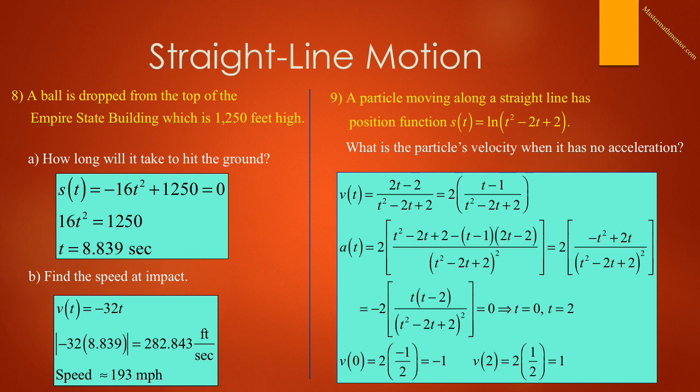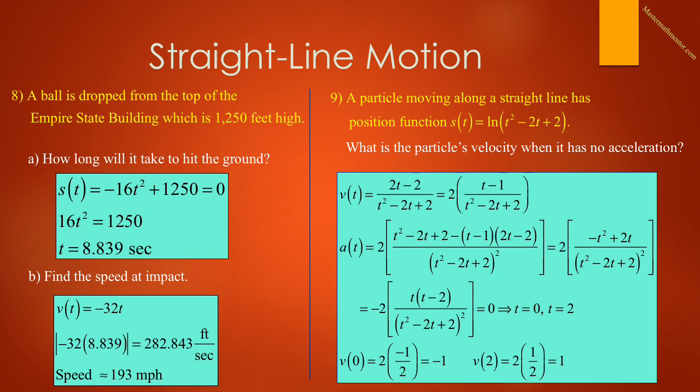So v is equal to 1 over t squared minus 2t plus 2 times 2t minus 2. We're going to have to take the derivative of that, so we'd like to simplify that as much as possible, and we'll factor out the 2 and get the quantity t minus 1 over t squared minus 2t plus 2.